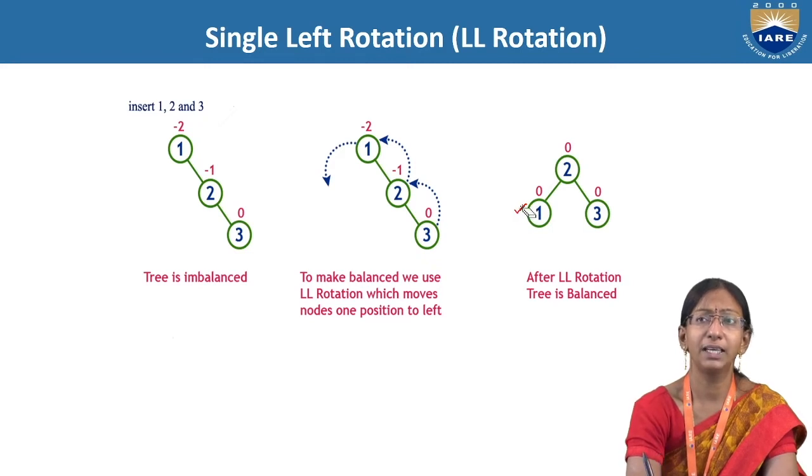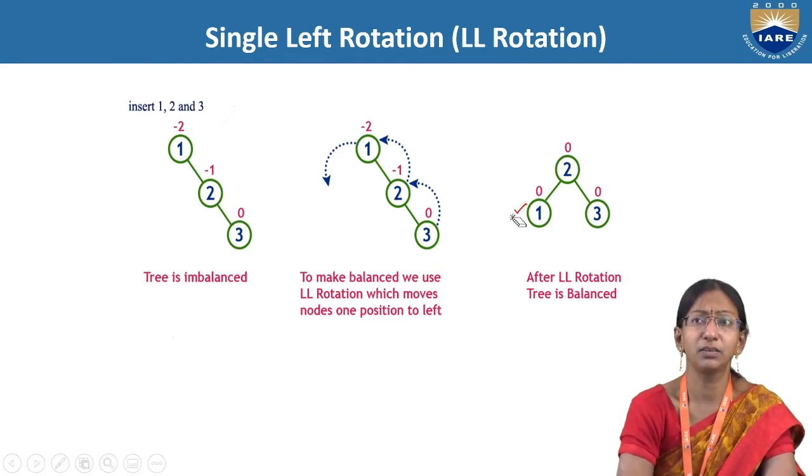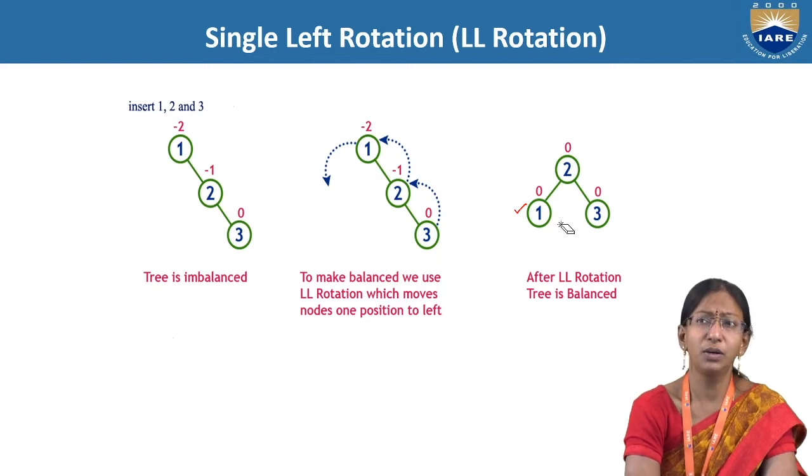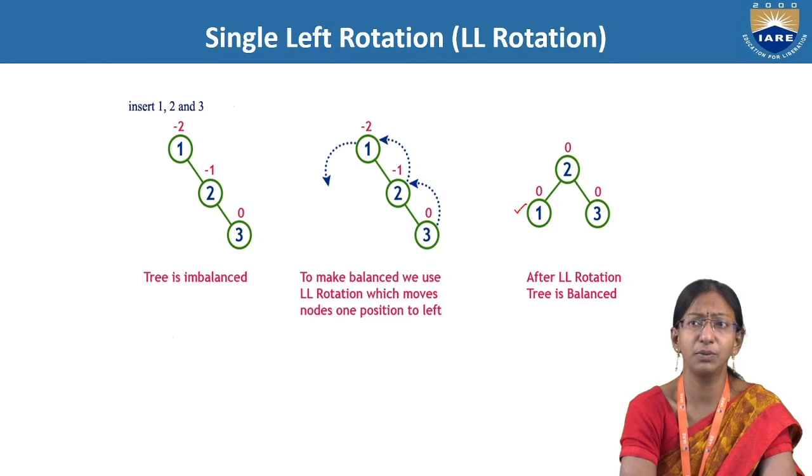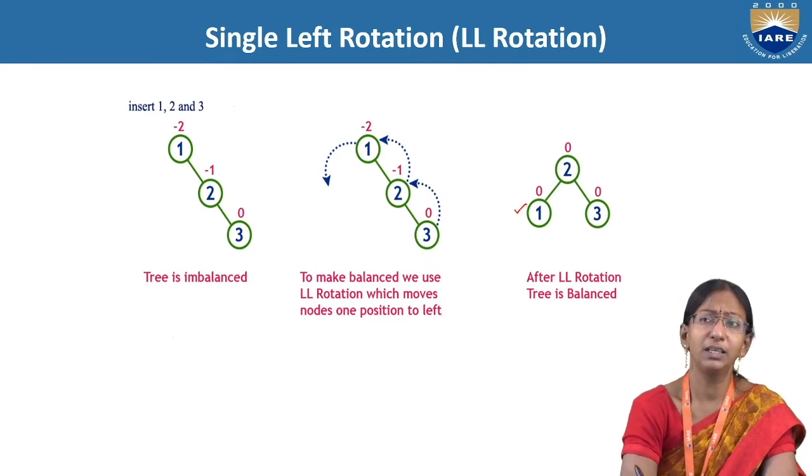So now again calculate the balance factors. If you calculate the balance factors of 1 and 3, as they are leaf nodes, their balance factor will be 0. Whereas when you calculate the balance factor of 2, its left child is of height 1 and right child is of height 1.